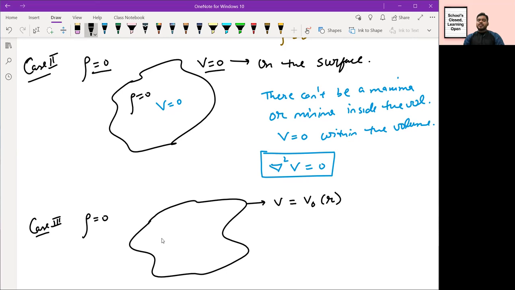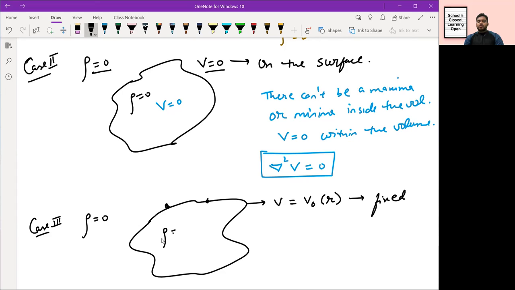It can be anything. It is properly defined but fixed with time. It is not varying with time, but it can be anything with space. I mean, it can be 10 volts at this point, 20 volts at this point. It doesn't matter. But whatever the potential is, it is fixed now.